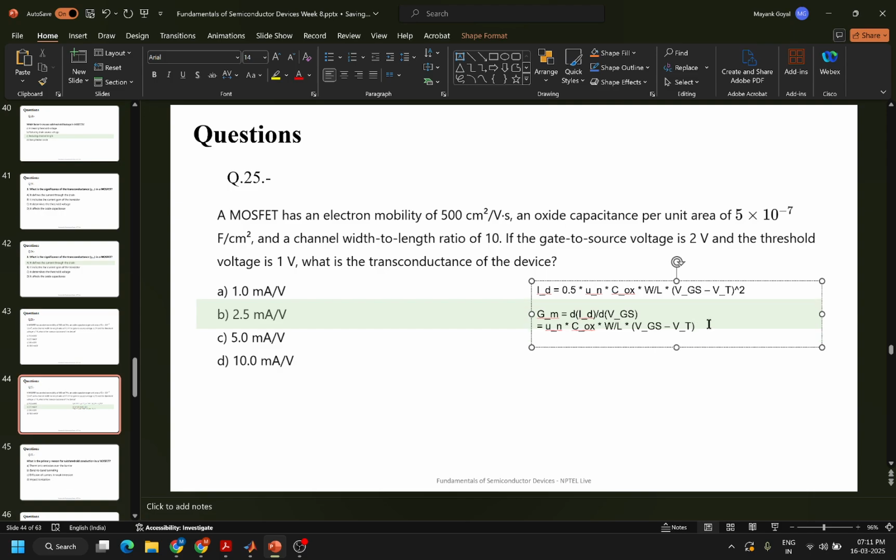So I will get this. And now here I will put 500 into 5 into 10 power minus 7 into 10 into (2 minus 1).